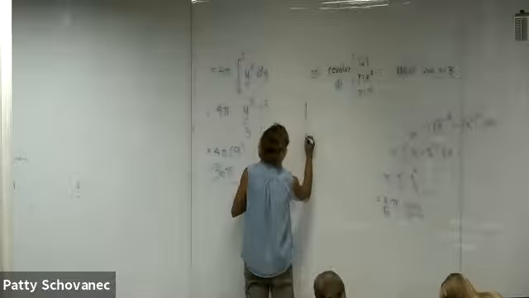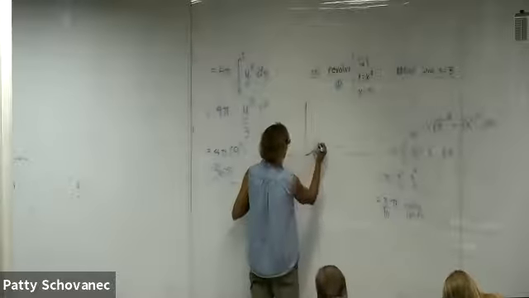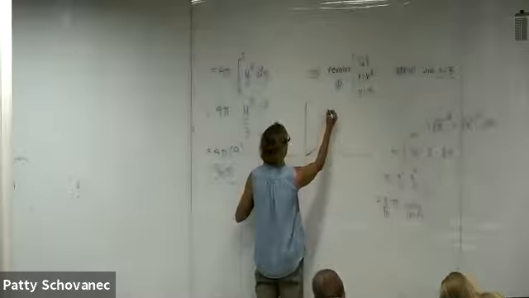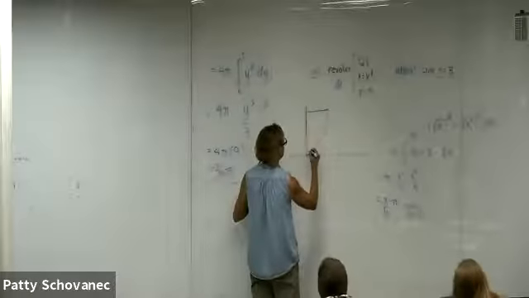Quadrant 1, I don't need to draw anything over here. There's y is x squared. There's y is 4 in the first quadrant.